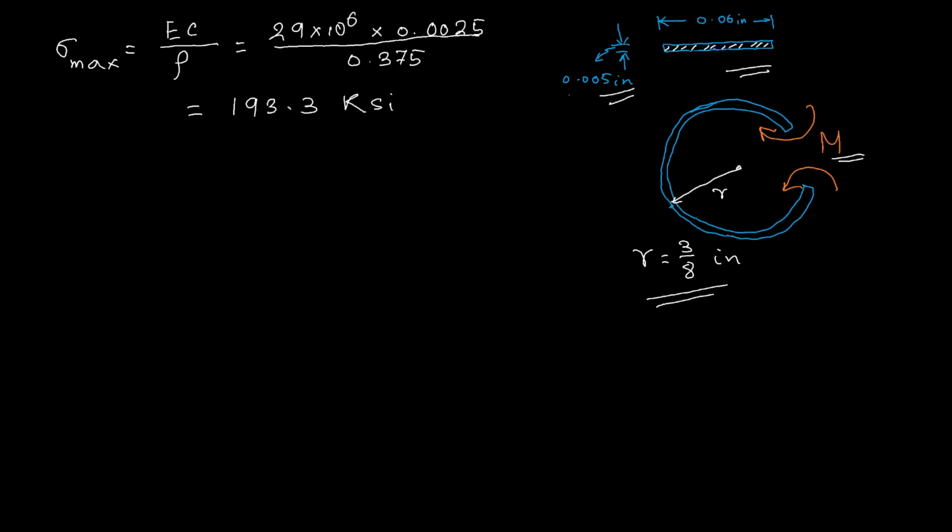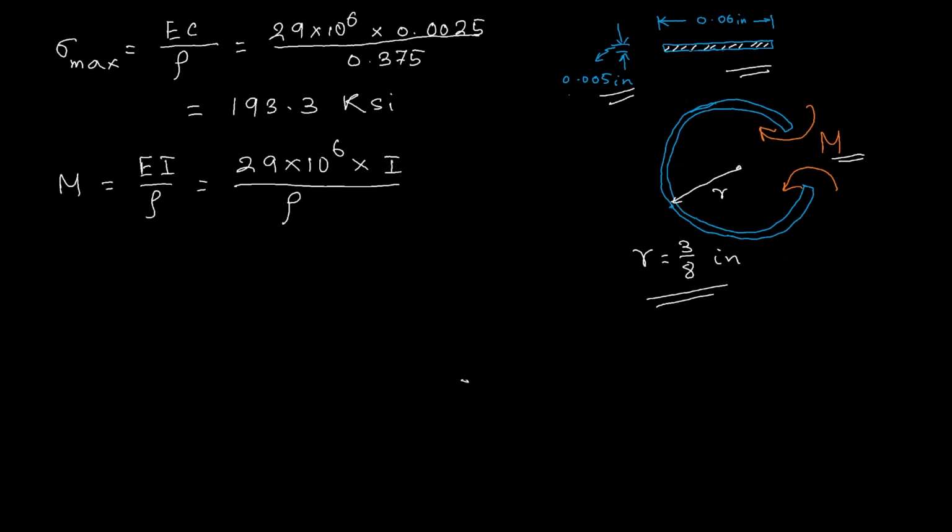Now to evaluate the moment that we require, we will use this relationship, that is EI over rho, and now E is again the same thing, 29 into 10 raised to 6, but I is the thing which we should think about. What I we should use here?